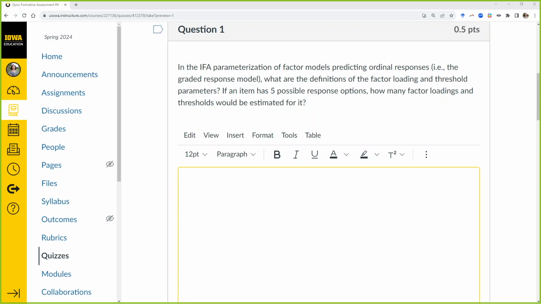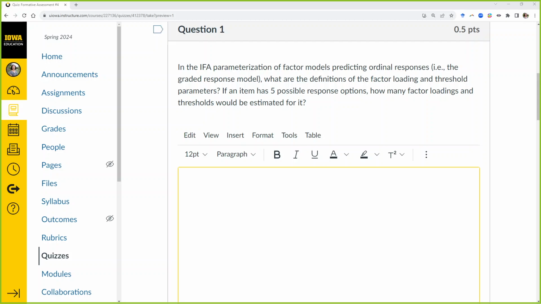So who can tell me what a factor loading is? Let me open up the chat here. So we have one answer in chat, logit of answering the higher category increased by every unit. Okay.